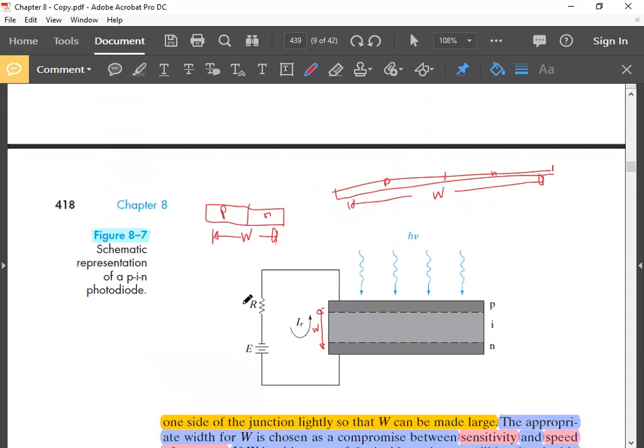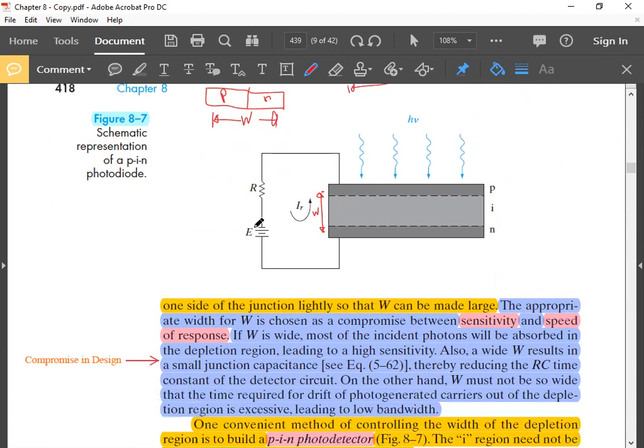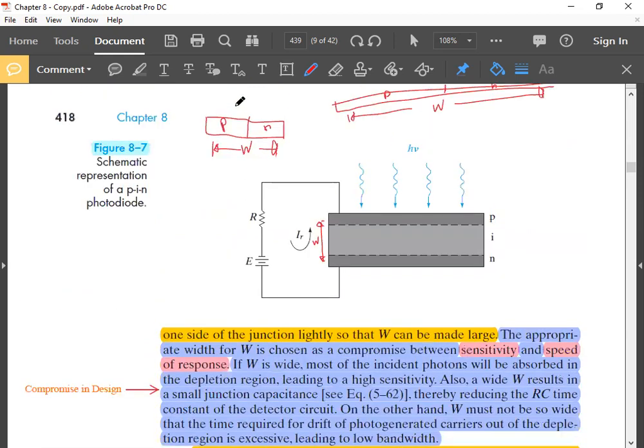As I told you, if W is wide, most of the light will fall on the depletion region, and so most of the carriers will be generated within the depletion region. So the device will be more sensitive. If W is wider, the device is more sensitive because the incoming photons can be used more efficiently to generate useful carriers.